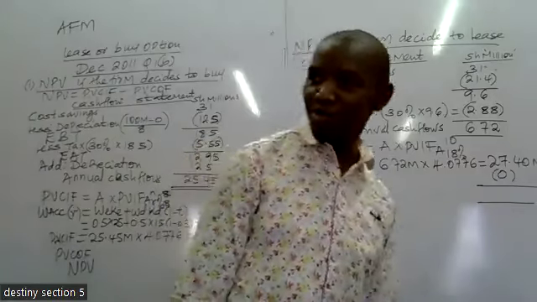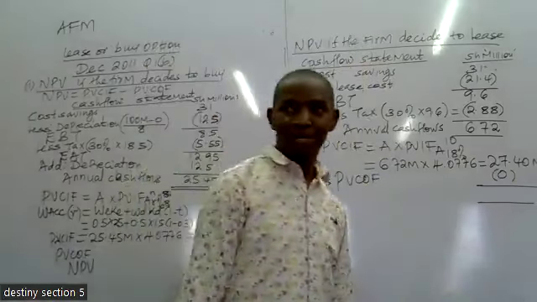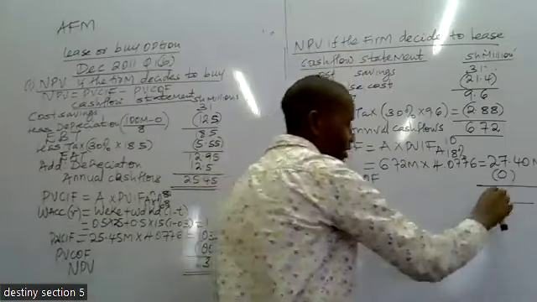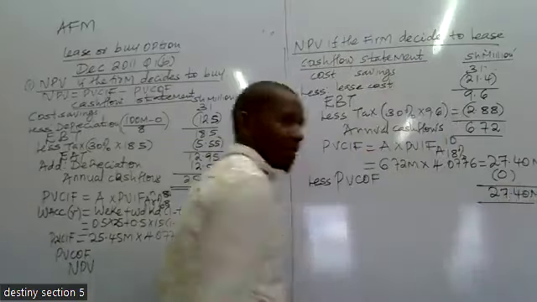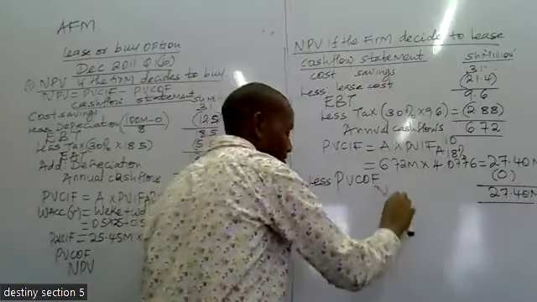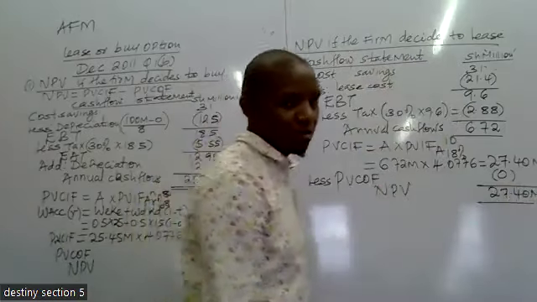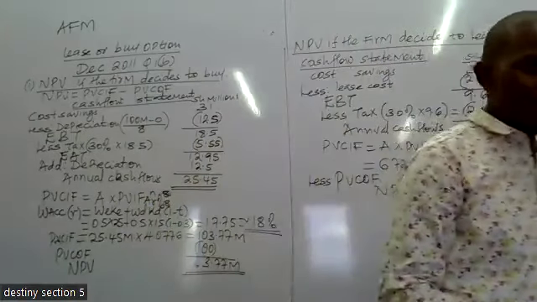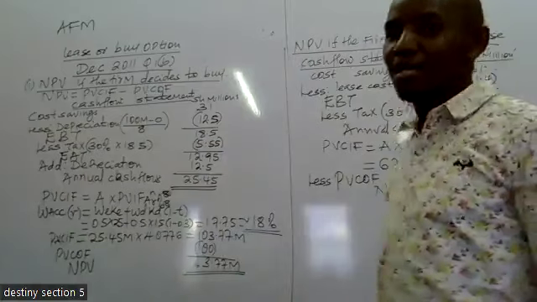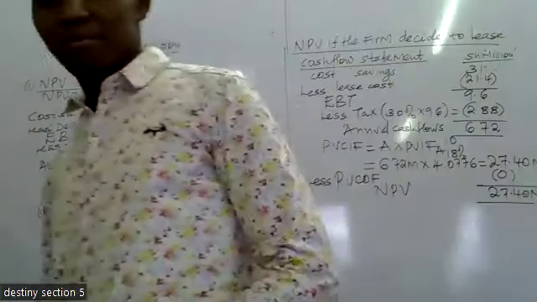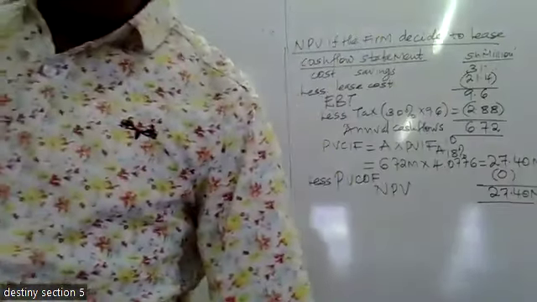Is there anything that you will have paid initially? No. That is why it will be 0. So out of the two, what should he use? Lease the machine since the NBV is higher.